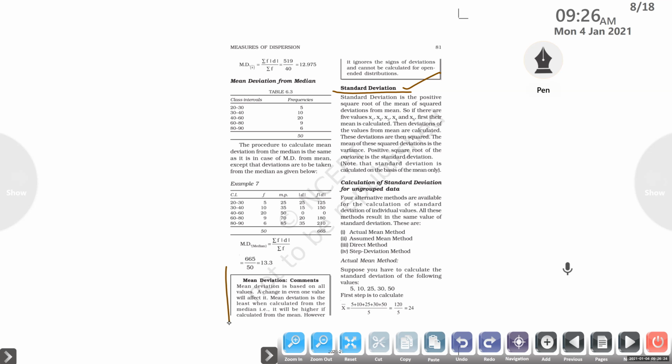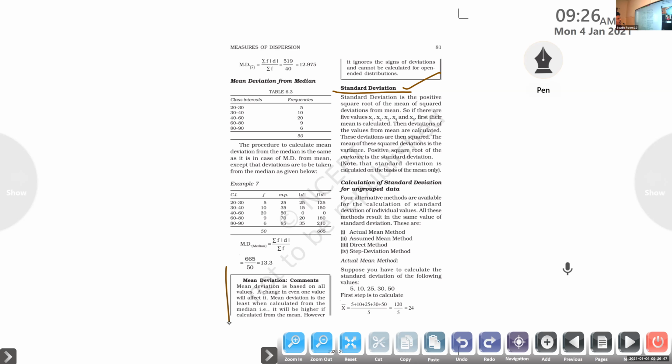Next, standard deviation. Standard deviation is the positive square root of the mean of squared deviation from the mean. Underline that. Okay, so if there are 5 values, x1, x2, x3, x4 and x5, first their mean is to be calculated.